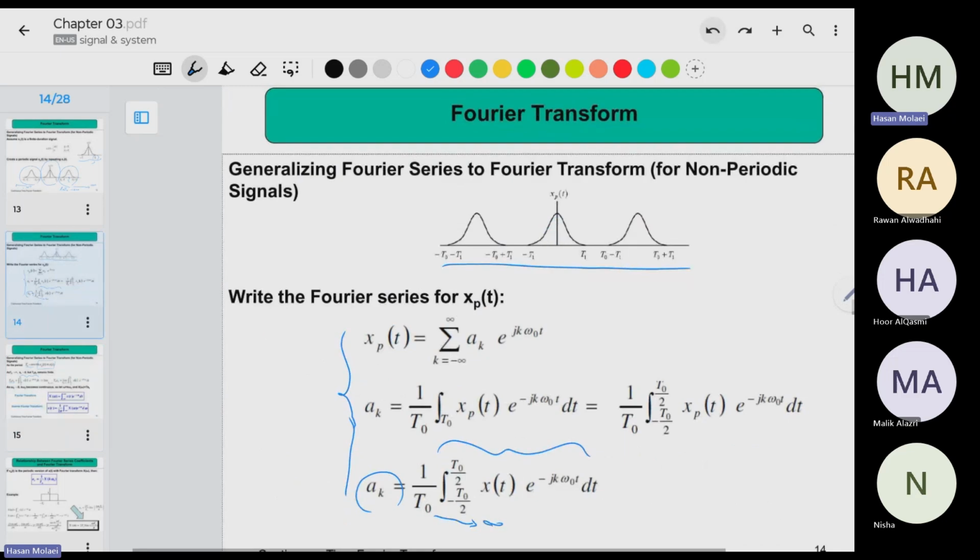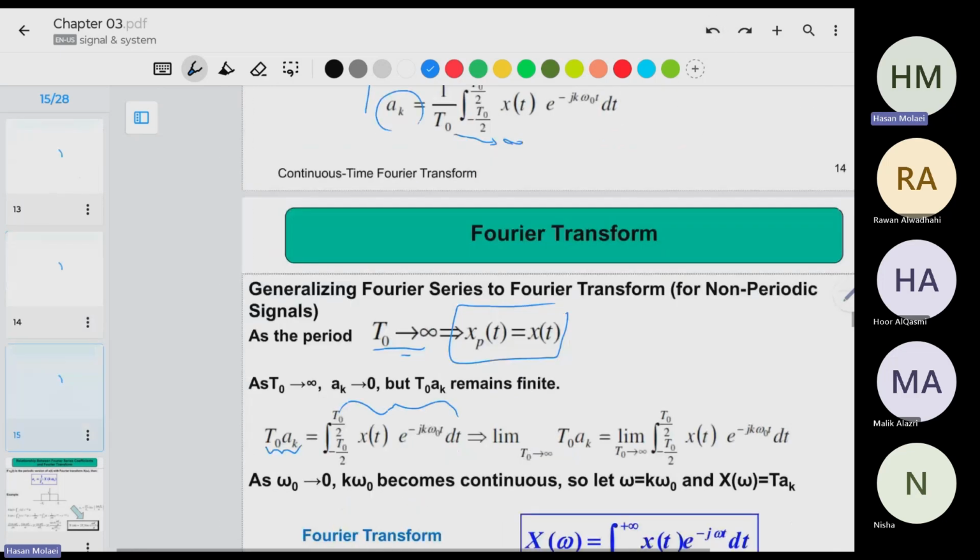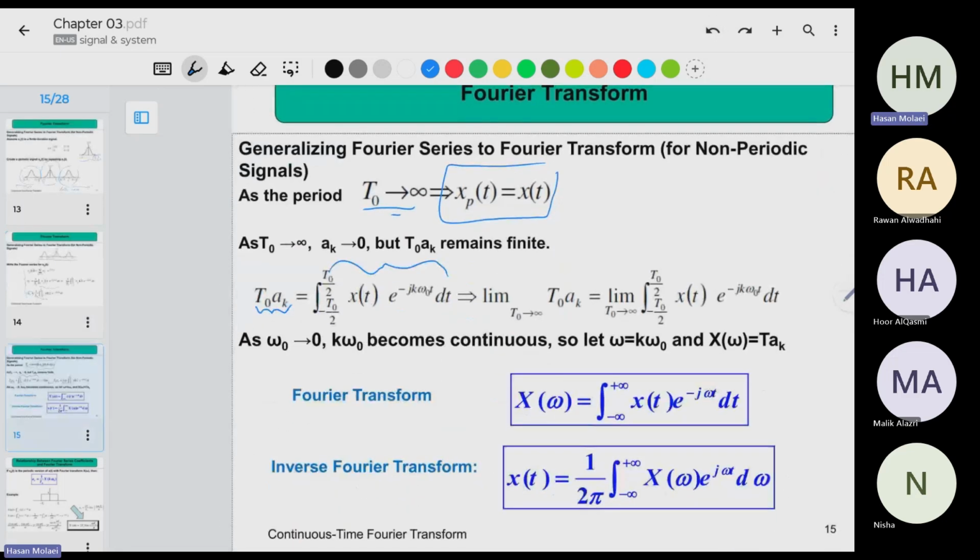So we define this value T0 a_k as X(omega) when we are approaching T0 to infinity, which means omega 0 is approaching how much? Omega 0 is approaching 0. It's going to get smaller and smaller.